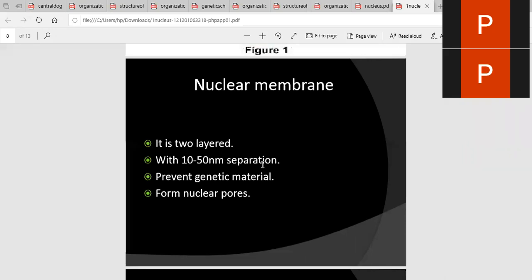Basically it is the covering to stop the flow of nuclear material outside, an important component of the nucleus to prevent the flow of genetic material to the cytoplasm.